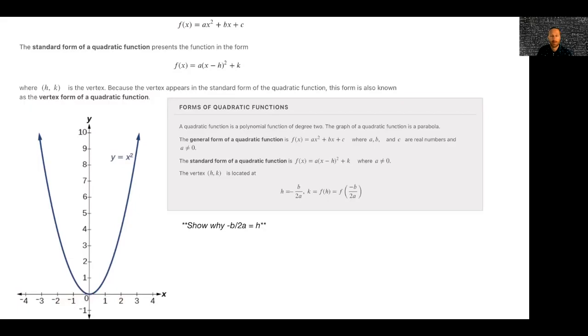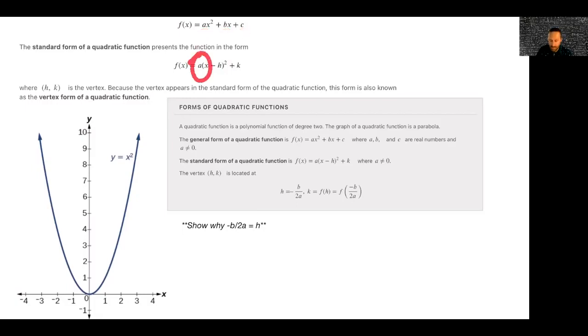Okay, so what I want to show you is that this vertex or standard form gives us the vertex, and all you have to do is figure out what would zero out that x squared piece. That's why we use different letters, h and k, instead of the coefficients a, b, and c.